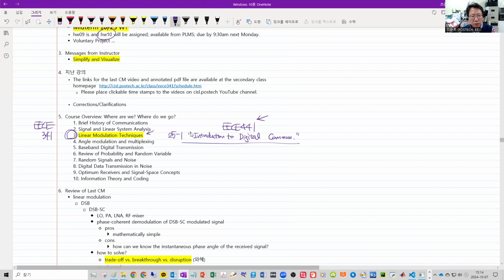Even though in this introductory communication systems course, linear modulation focuses mostly on analog linear modulation techniques, in the introduction to digital communications, we will focus on digital linear modulation techniques, which share linear modulation with analog linear modulation.